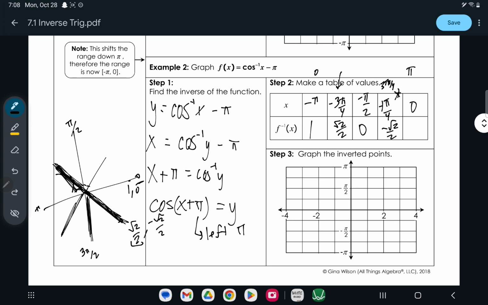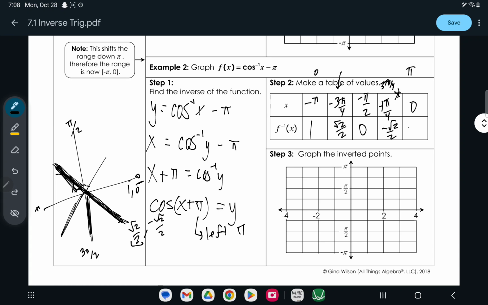Because the negative, doesn't the negative just tell us the direction? Alright, I gotta come back to that idea.